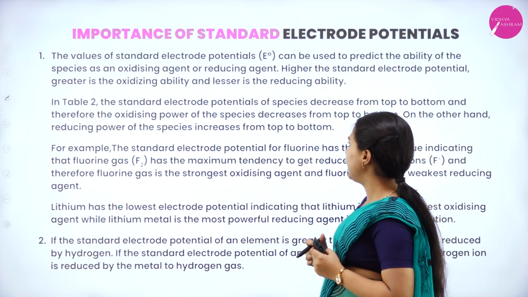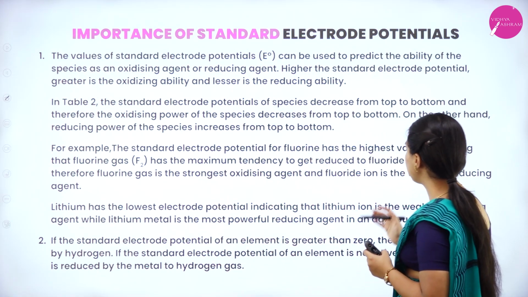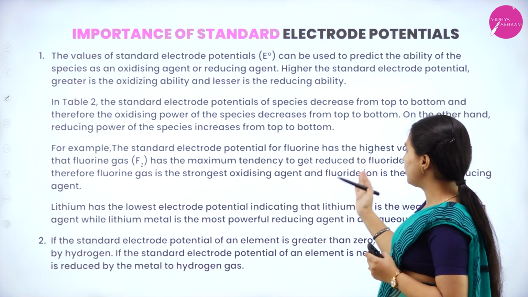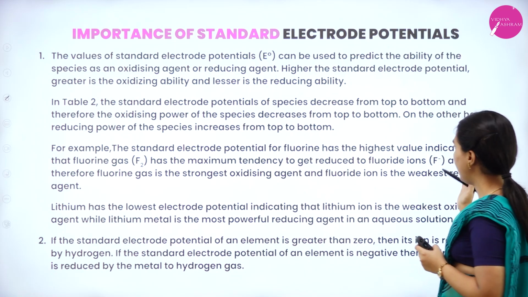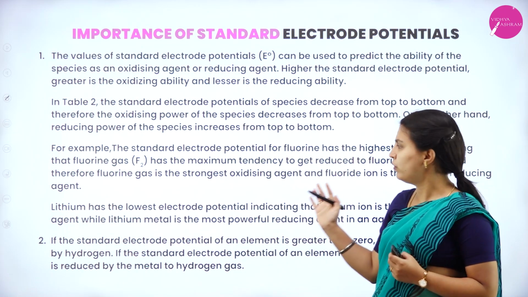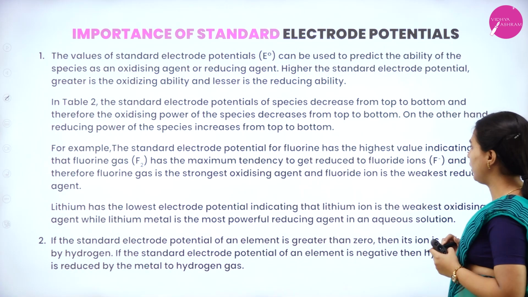For example, the standard electrode potential for fluorine has the highest value, indicating that fluorine gas has the maximum tendency to be reduced to fluoride ion.